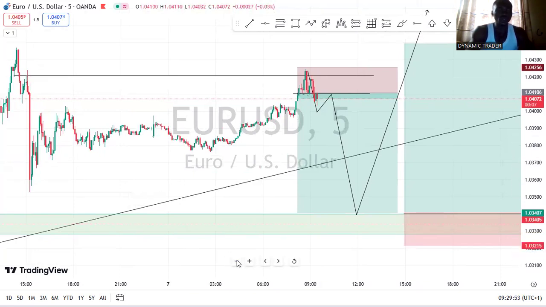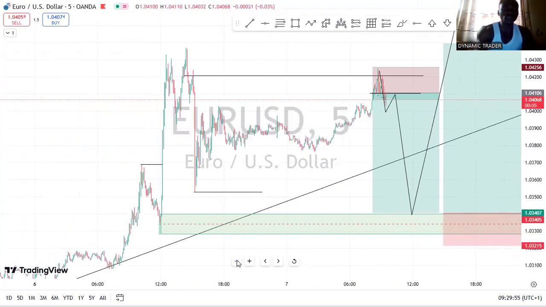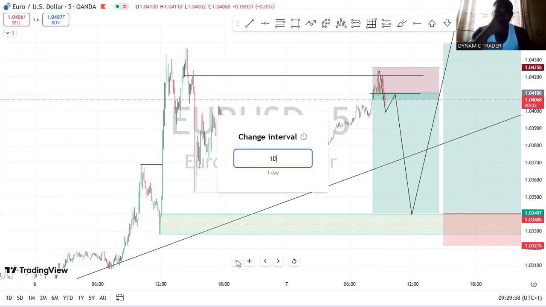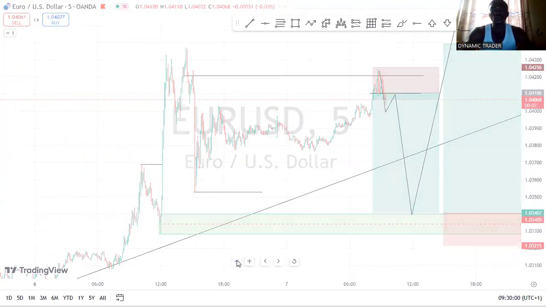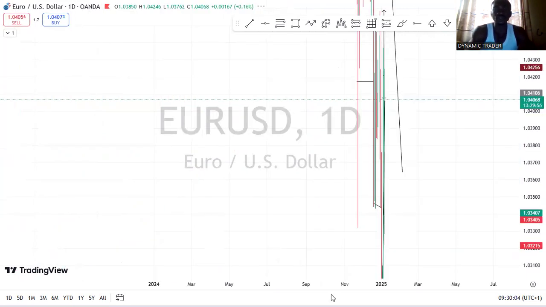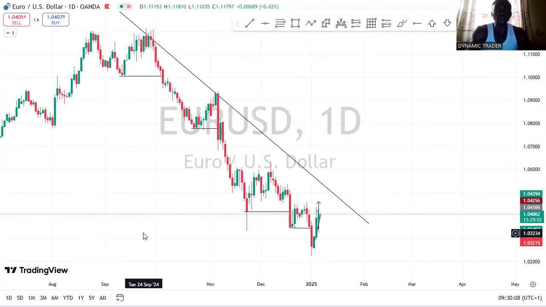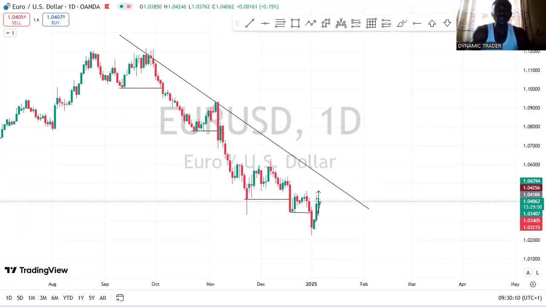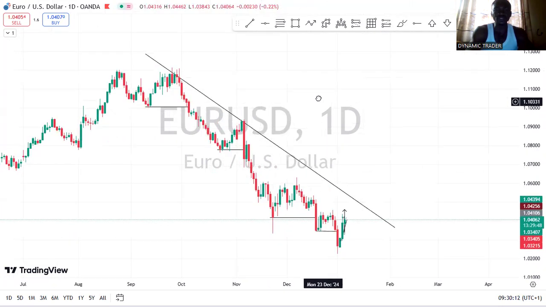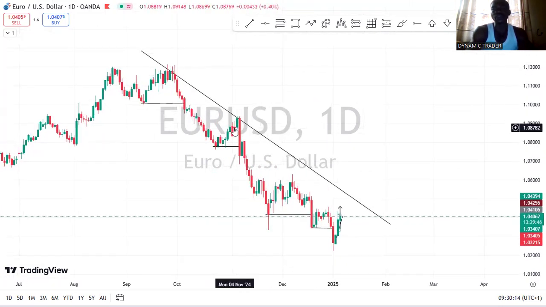Okay, so Euro USD on the daily time frame. On the daily time frame, I've been able to see that the market is trending to the downside.